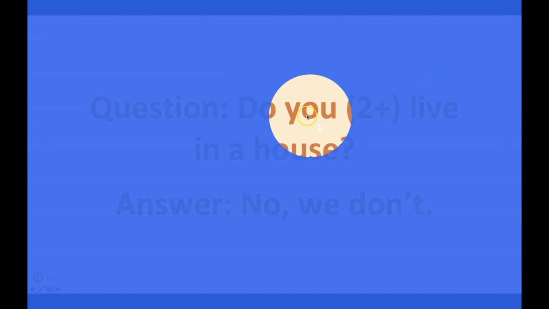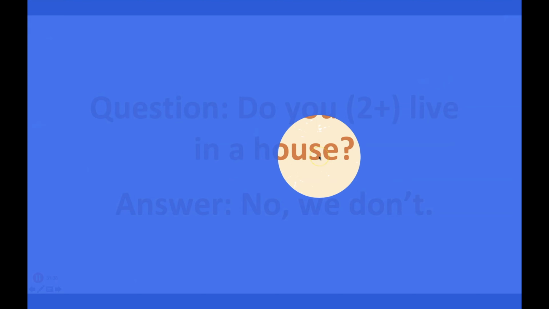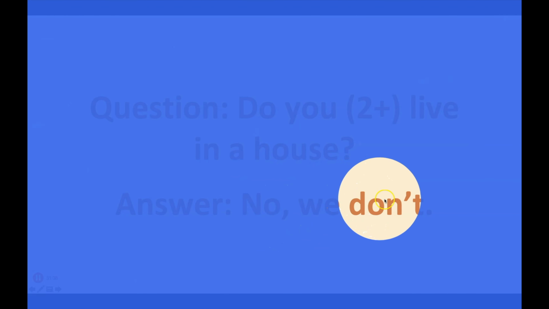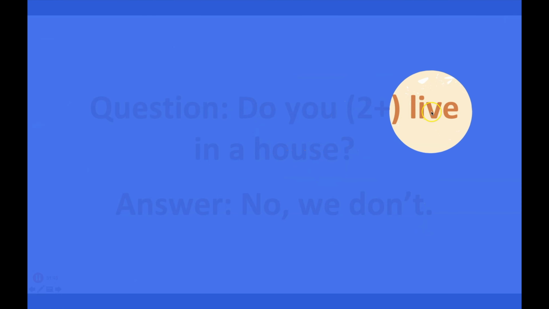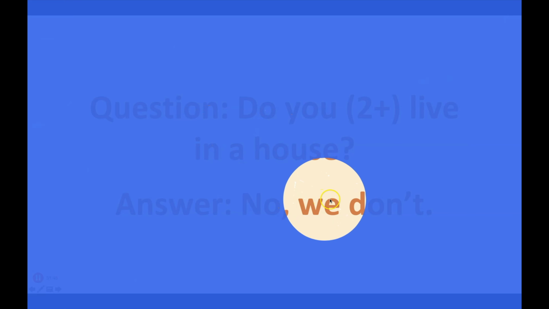Question. Do you, two or more, live in a house? No, comma, we don't. Do you, two or more, live in a house? No, we don't.